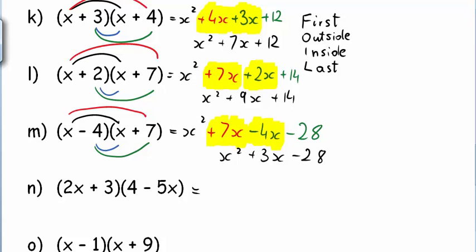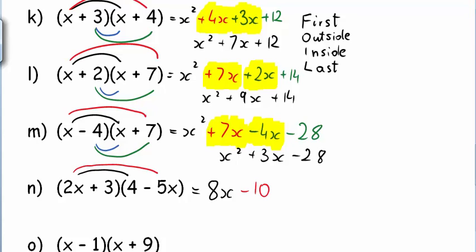The next example is even much more difficult than the previous one, and the reason for that is I have to multiply some numbers and minuses. So have a look how I'm doing this. 2x times 4 is 8x. 2x times negative 5x. 2 times 5 is 10, 2 times minus 5 is minus 10.